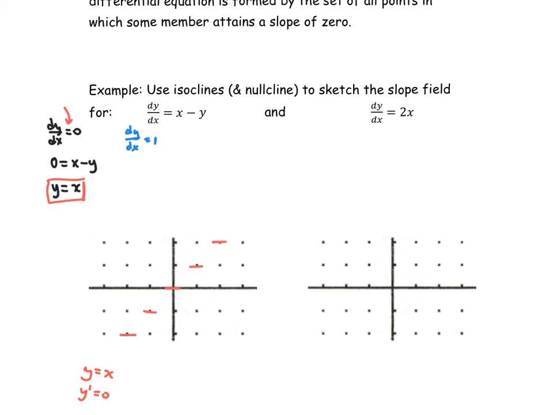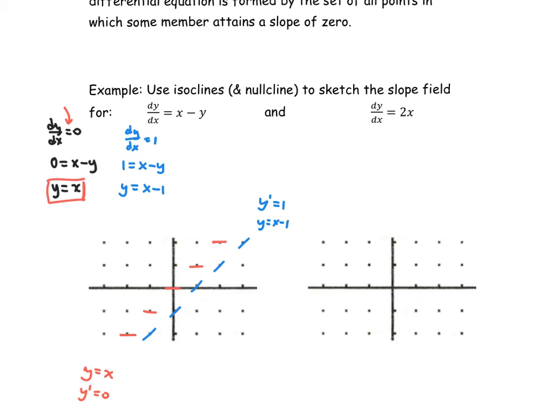Well, again, we set 1 equal to x minus y, and we solve for y. That'll be the equation y equals x minus 1. So at x minus 1, we're going to get a slope of 1. So along that isocline, y equals x minus 1, I know that y prime is equal to 1.